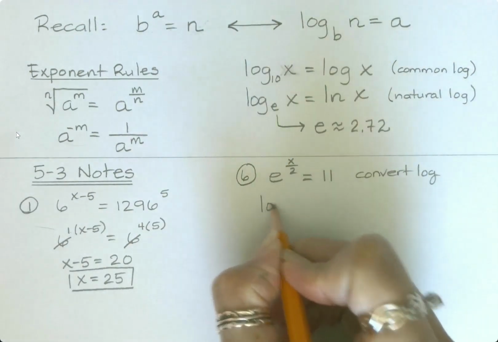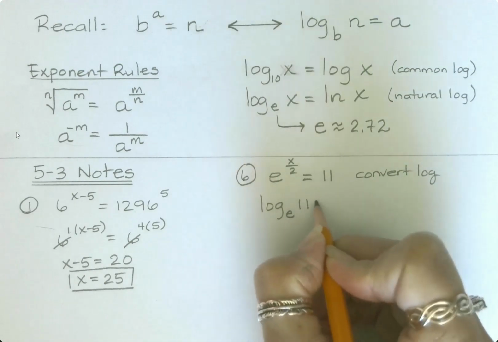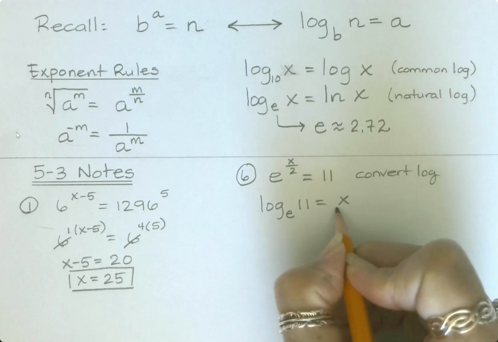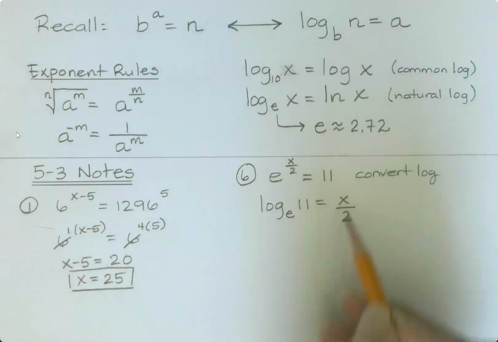So I'm going to write log base e of 11 equals x over 2. Now notice how close our exponential equation is to being solved. Here is the x that I'm trying to isolate. All I need to do is get rid of this number right here. The 2 is currently dividing.